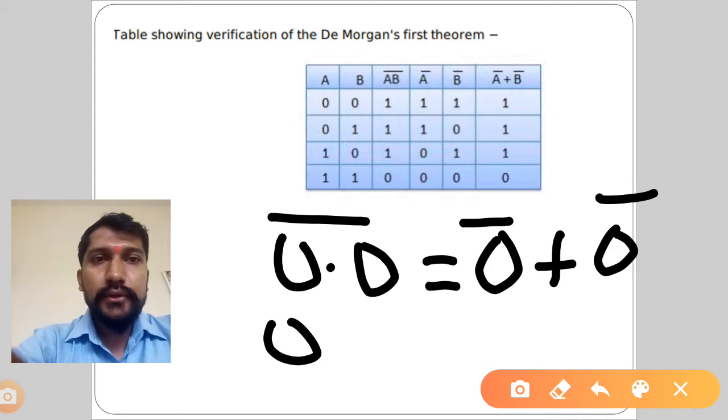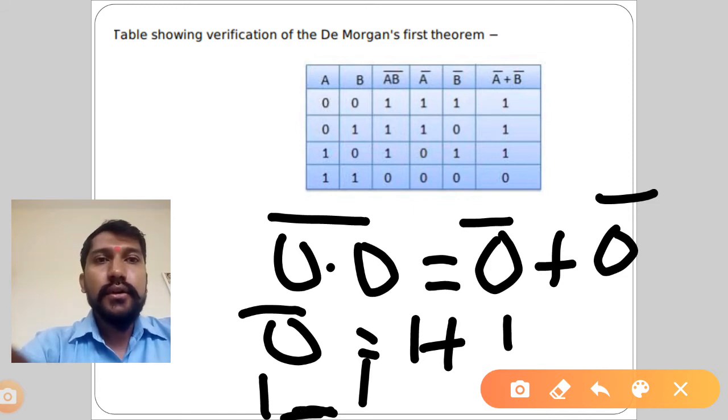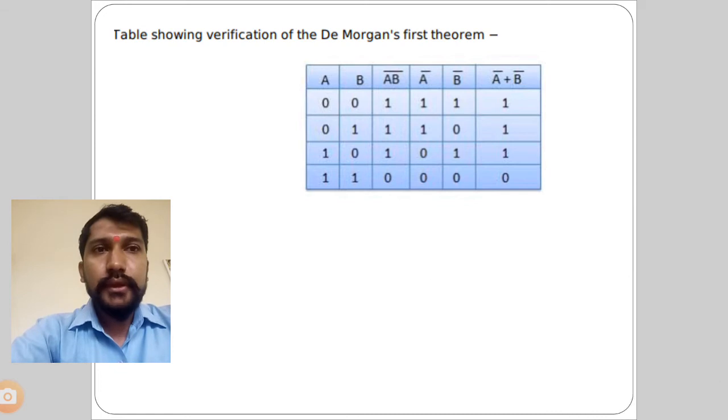We will be having 0 bar is equal to 1 plus 1. 0 bar is what? 1 is equal to what? 1. So left hand side is equal to what? Right hand side. So you can verify this using De Morgan's theorem. Product of complement is equal to sum of individual complement. Left hand side is equal to right hand side.